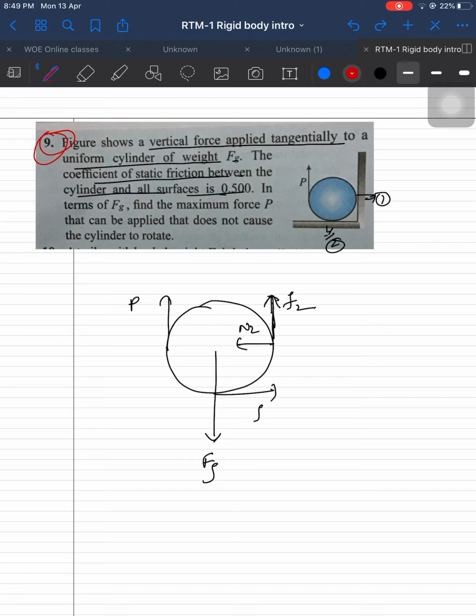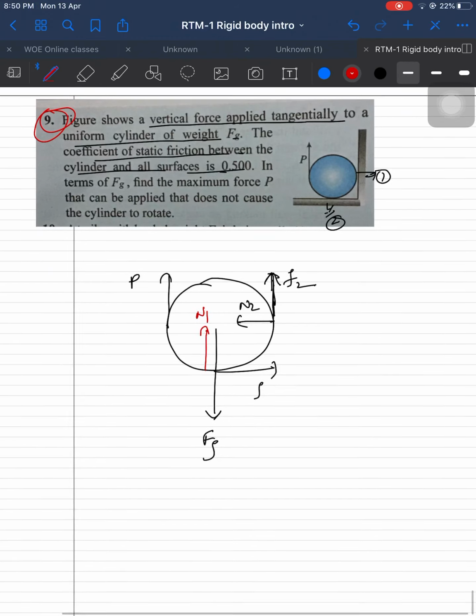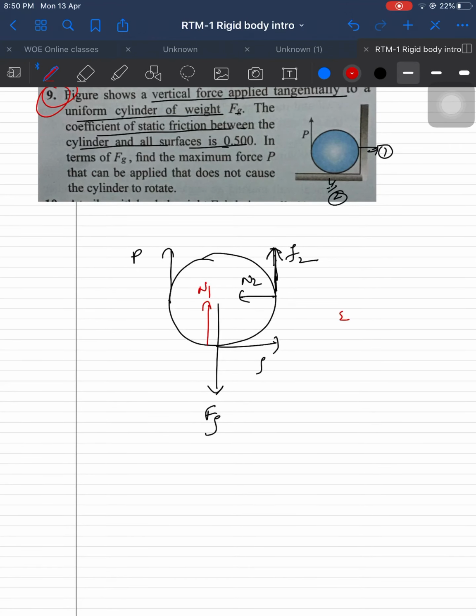and there is an upward normal force N1, say this is F1, net Fx is equal to 0. What are the horizontal forces? N2 and F1, N2 is equal to F1.